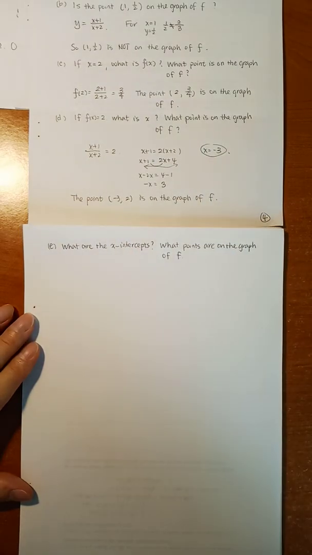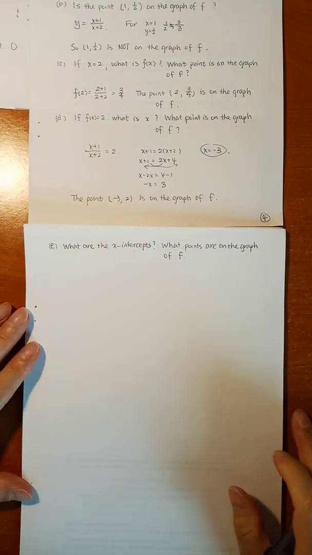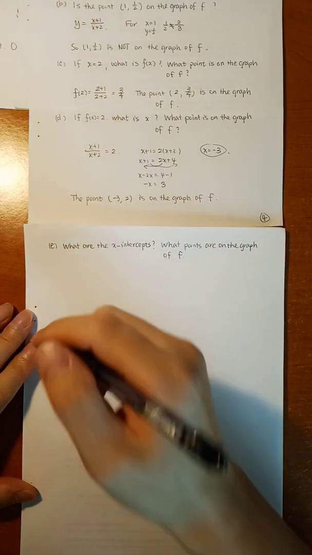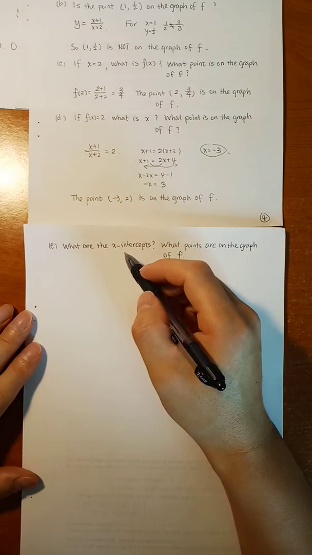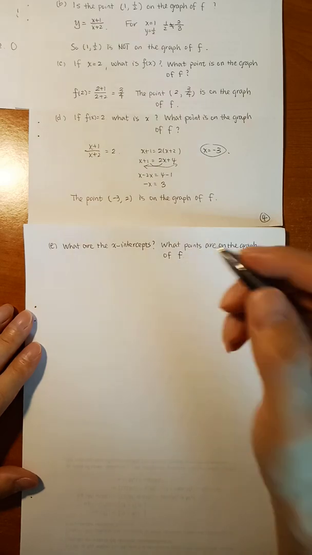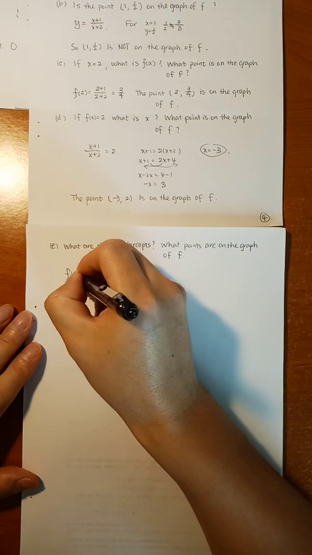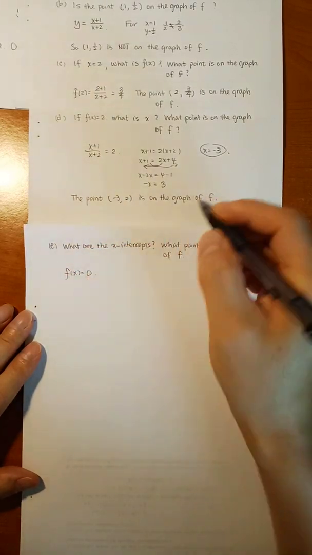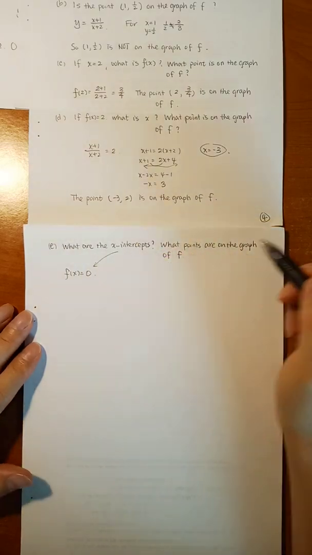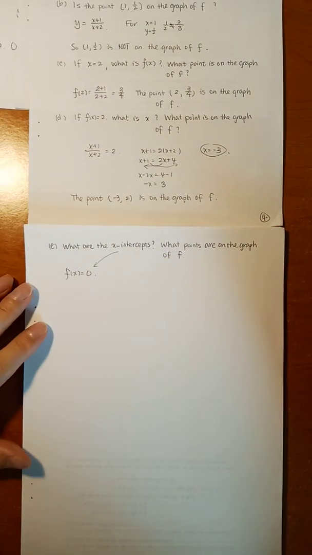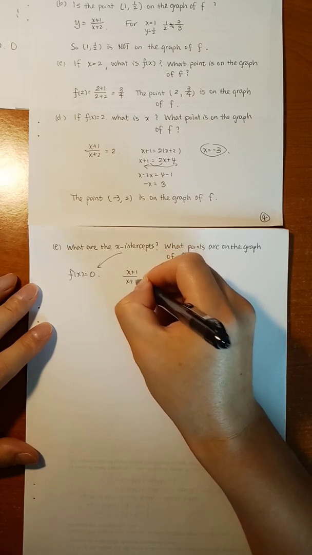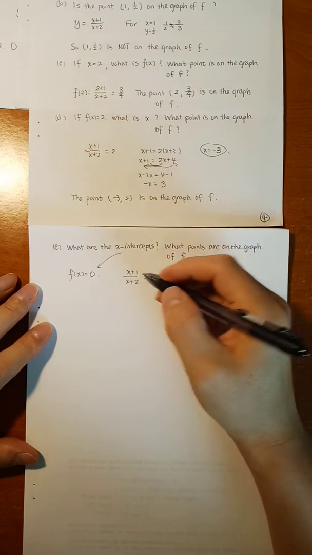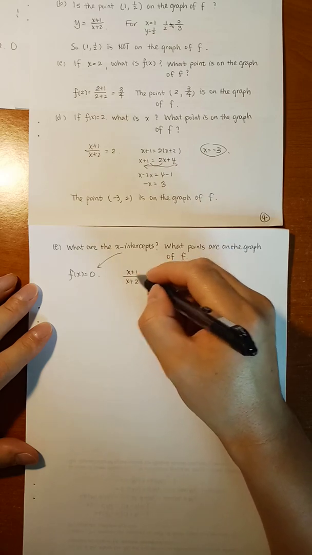For the x-intercept, f(x) is 0. X-intercept just means f(x) is equal to 0. So (x plus 1) over (x plus 2) is 0. A rational expression is 0 if and only if the numerator is 0.